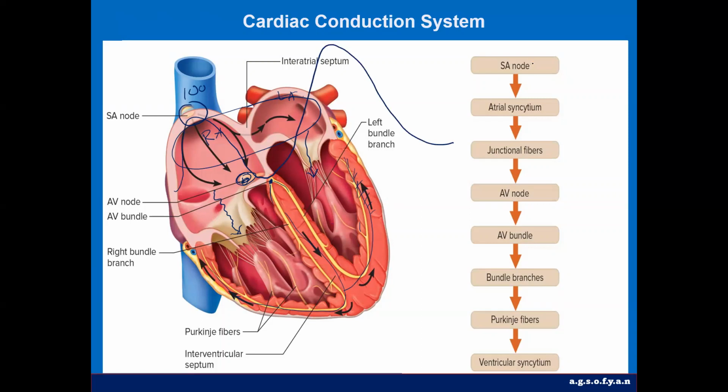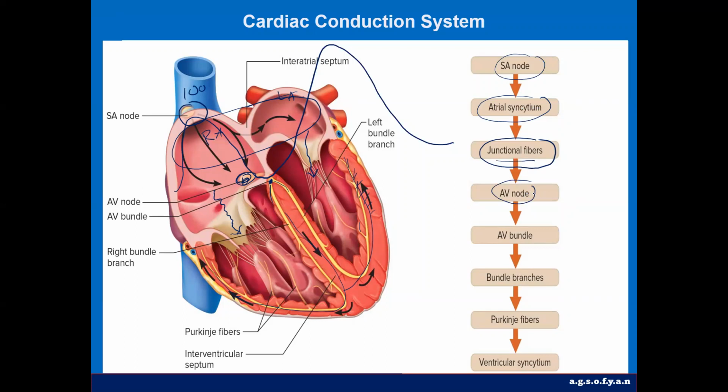Okay, so this also shows you the sequence of these impulses and contraction, starting from the SA node, going to the atrial syncytium. So it's going to send the contraction or the impulses from the right to the left atrium. At the same time, the impulses will also be sent into the AV node using this junctional fiber.